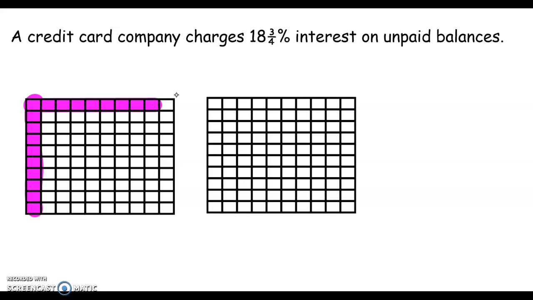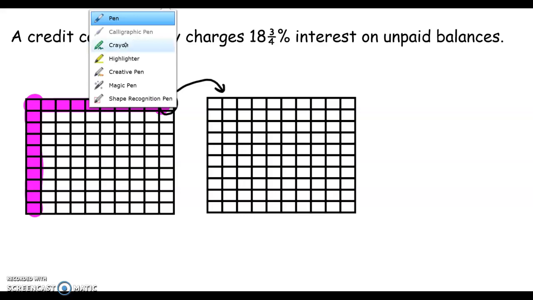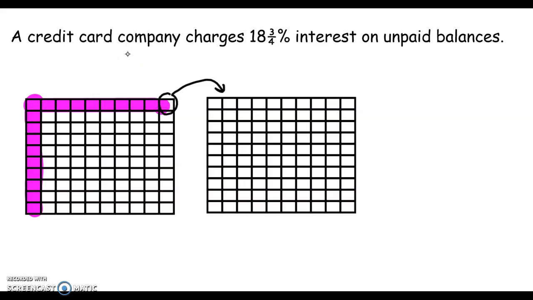But 3/4, we know how much 3/4 is. We could do an approximation, maybe right there. But to be precise, we're going to take this one square and enlarge it so we can record the 3 out of 4, the 3/4%. Now, go back to my highlighter, and if I would do 3/4 of this, we know there's 100 squares, 3/4 of 100 is 75.